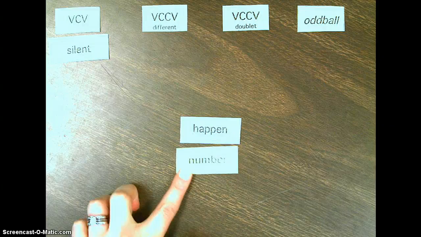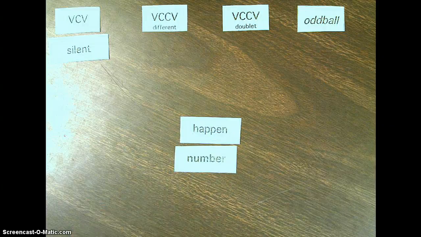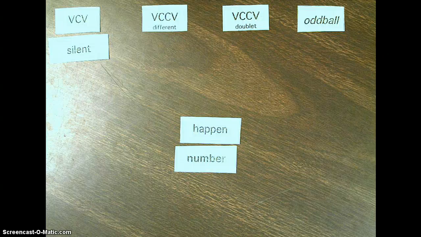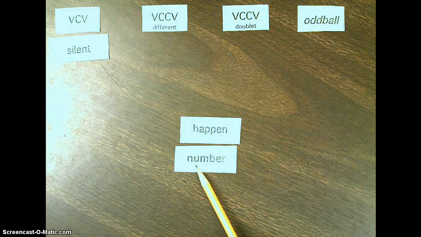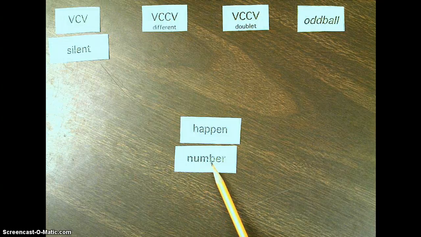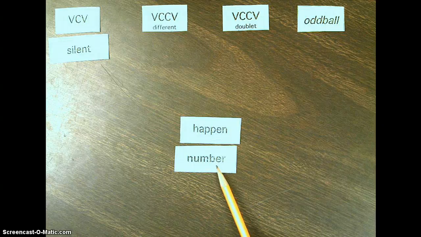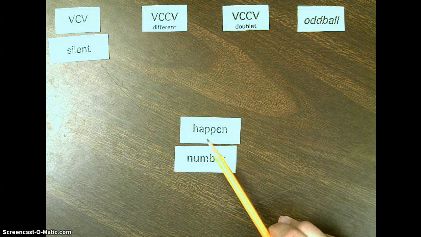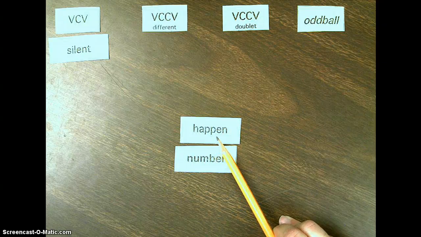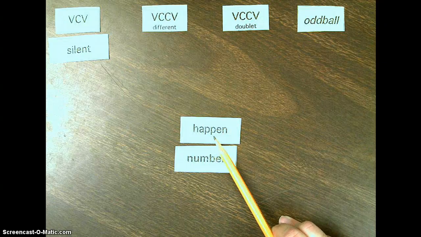Let's look at our last header word, and that's the word number, N-U-M-B-E-R, number. Now, I see the same kind of pattern. I see a vowel, consonant, consonant, vowel pattern, but there's a difference between these two words. Can you tell what that is? The word happen has two of the same consonants in the middle.